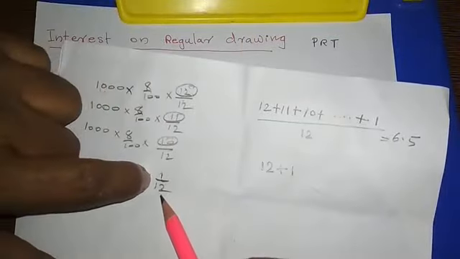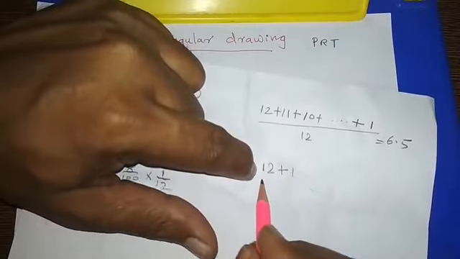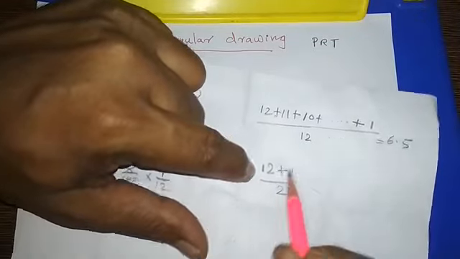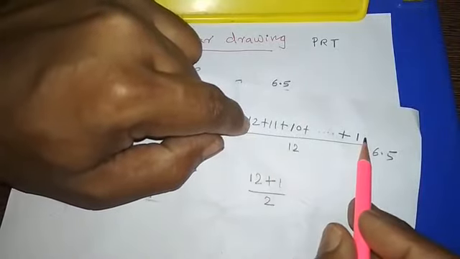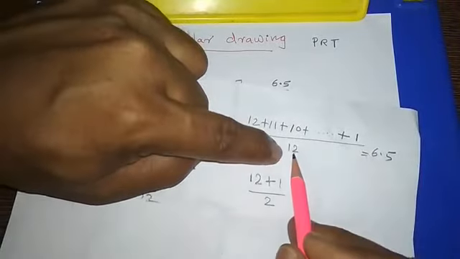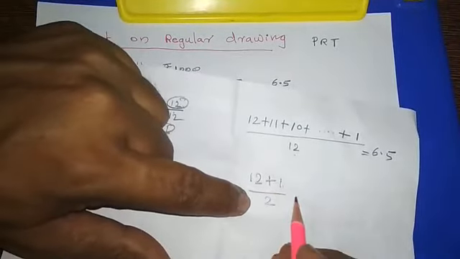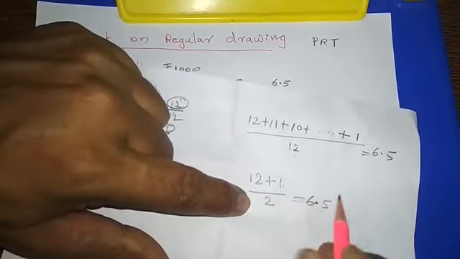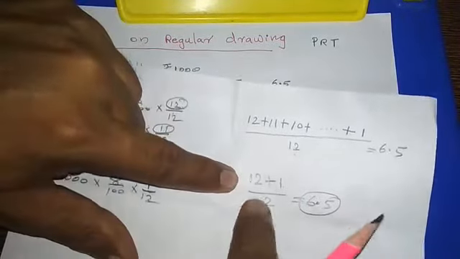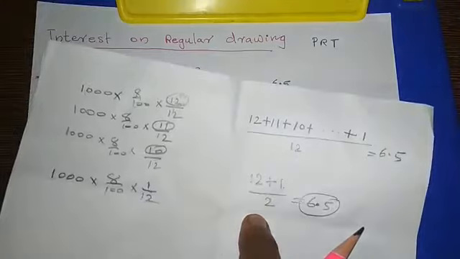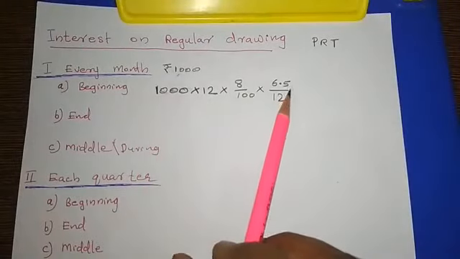Then there are only 2 figures, that is why here we divide by 2. There we divided by 12 because in total 12 figures were added together, and to find the average we have to divide by 12. But here 12 plus 1 divided by 2 gives 6.5. So easily we can find this 6.5. That is our shortcut method to find the interest on drawings.